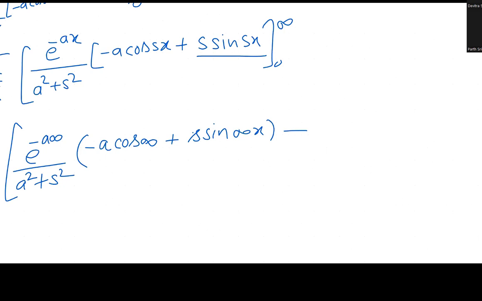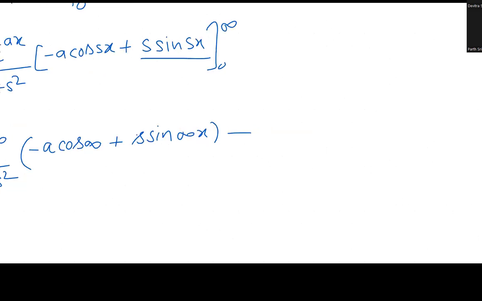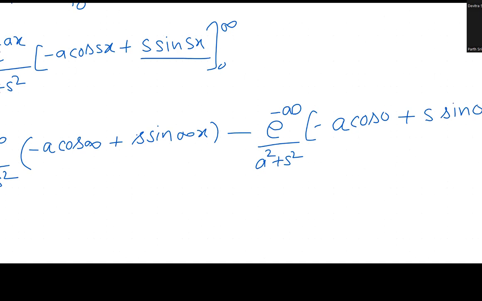Minus, now put the lower limit: e to the power minus a into 0 over a squared plus s squared, and minus a cos 0 plus s sin 0.